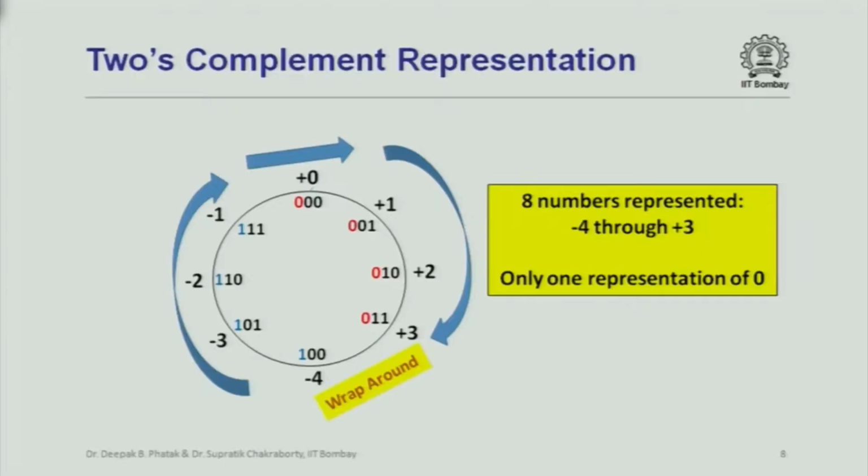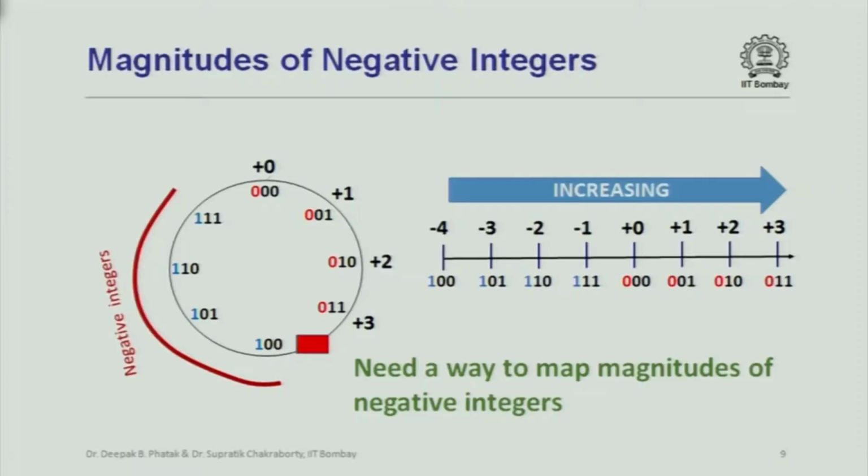Nice parts about this representation are there are all 8 numbers being represented, and there is no wasteful representation. 0 is not represented twice. Okay. So now the question is that, well, this looks okay, but now I need a way to figure out that if you give me 1, 1, 1, then I really mean -1.